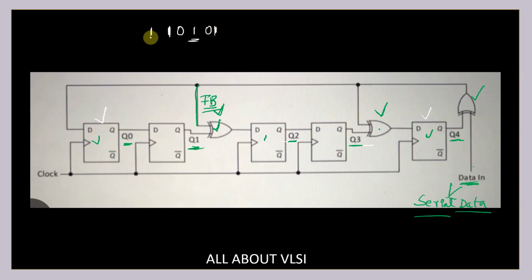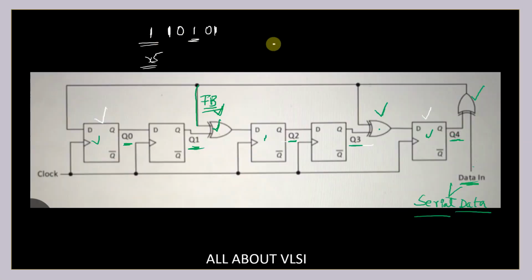And MSB is always 1 because the highest degree should always be equal to 1. X power 5 is 1. Okay, so that is how we are going to write down the polynomial directly by seeing the diagram also. Now this is my polynomial 110101. So I don't need the polynomial now, I need the data which I want to give. So Q4, Q3, Q2, Q1, and Q0.